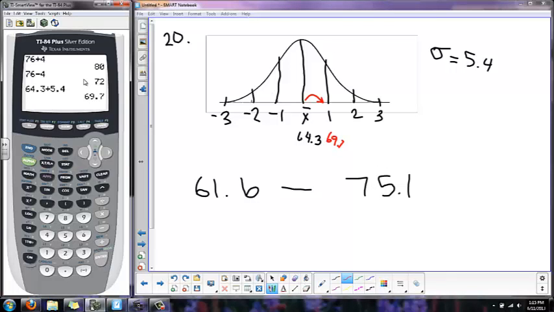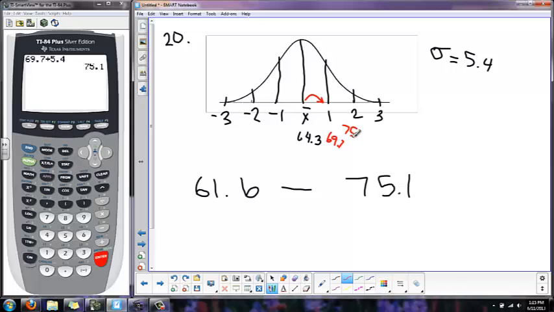Let's do 69.7 plus, let's add on another standard deviation, plus another 5.4. And that, there you go. We hit 75.1. There you go. So this 75.1 lies right here at the positive 2 standard deviations away from the mean.